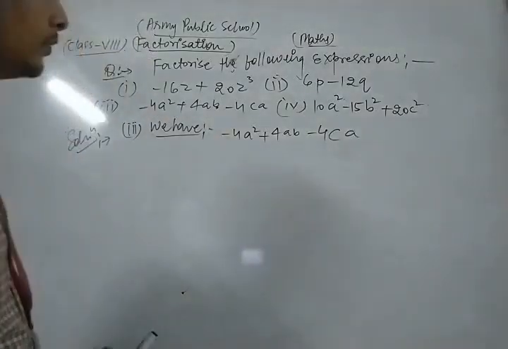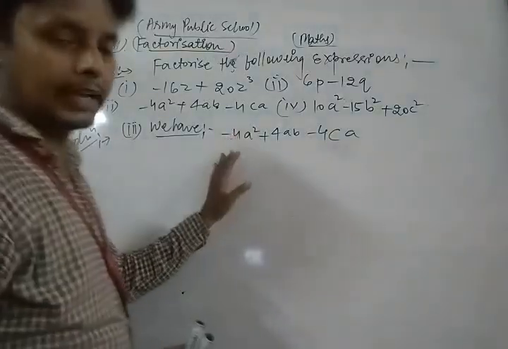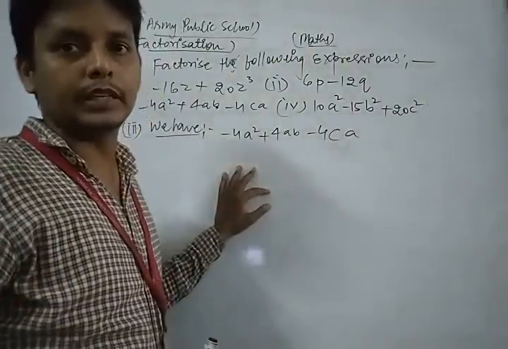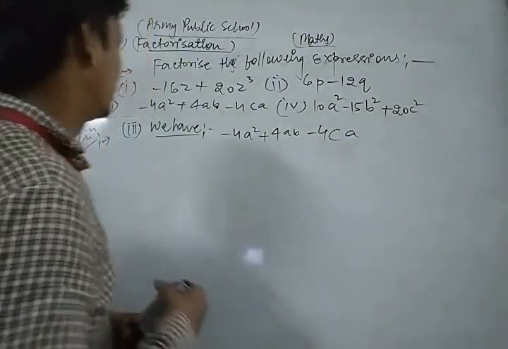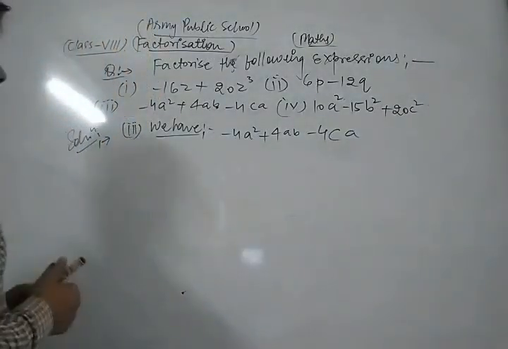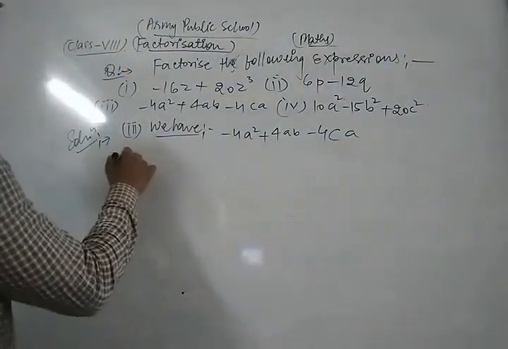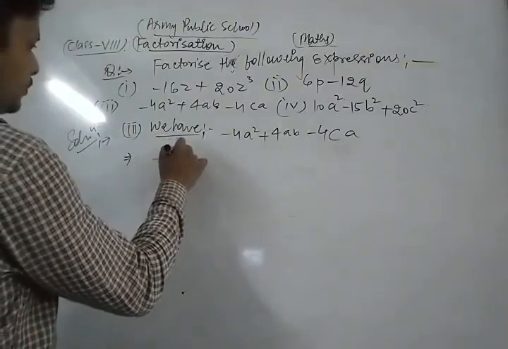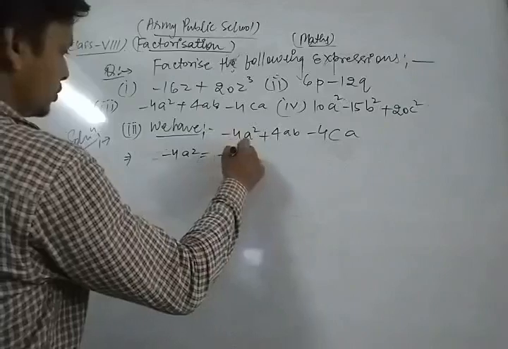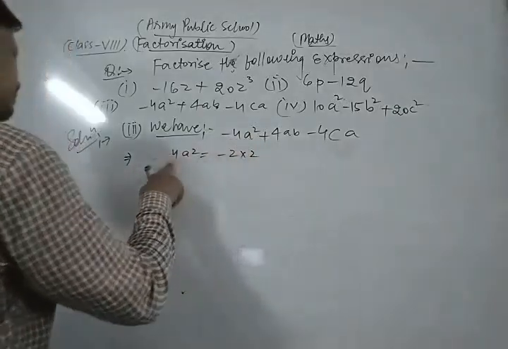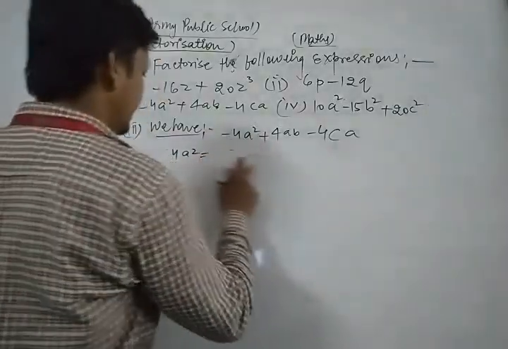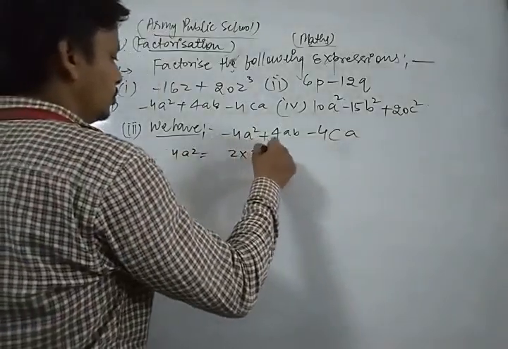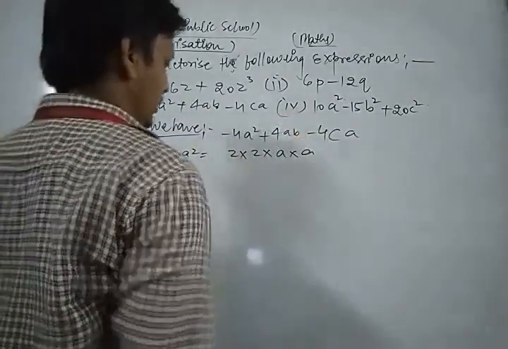Okay, now look, there are three terms in this algebraic expression, so we take them one by one and do their prime factorization. First we take minus 4a square, so we can write it as minus 2 into 2 into a into a.